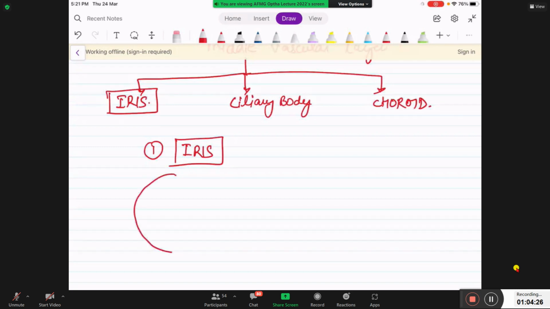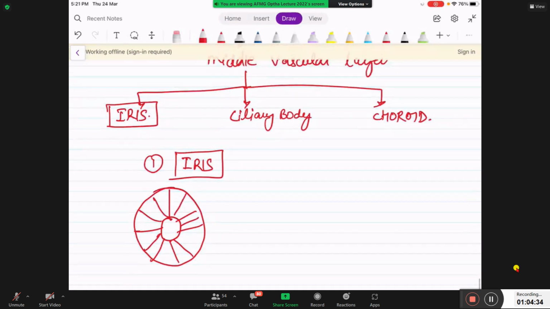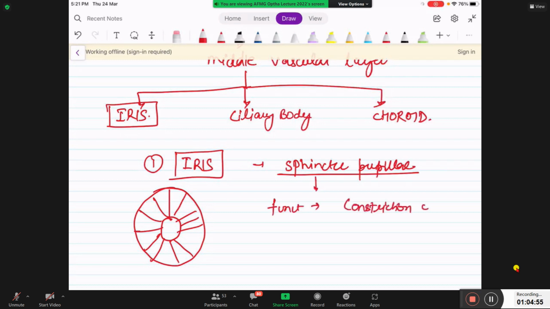First set of muscle is called as sphincter pupillae. Iris is made up of sphincter pupillae, right? Write down the function of sphincter pupillae. It causes constriction of pupil, right?